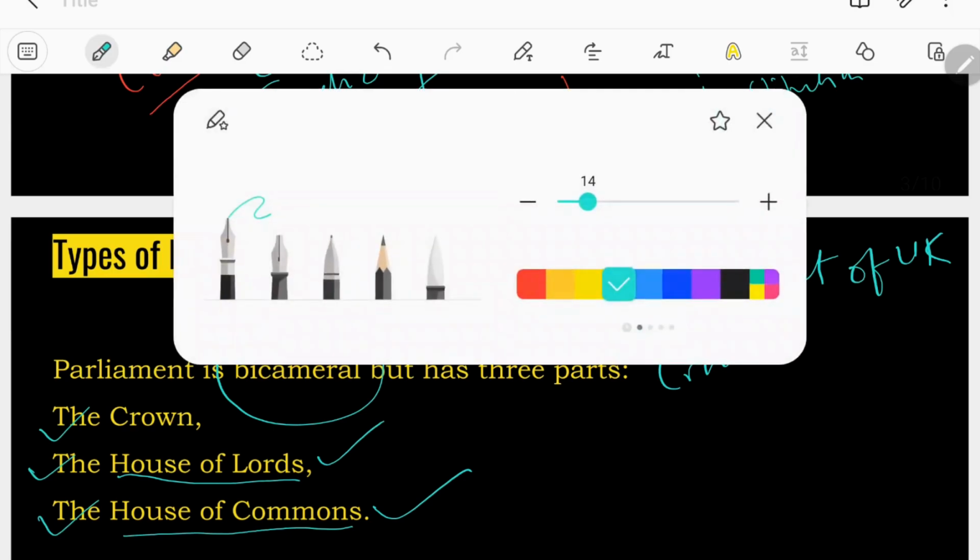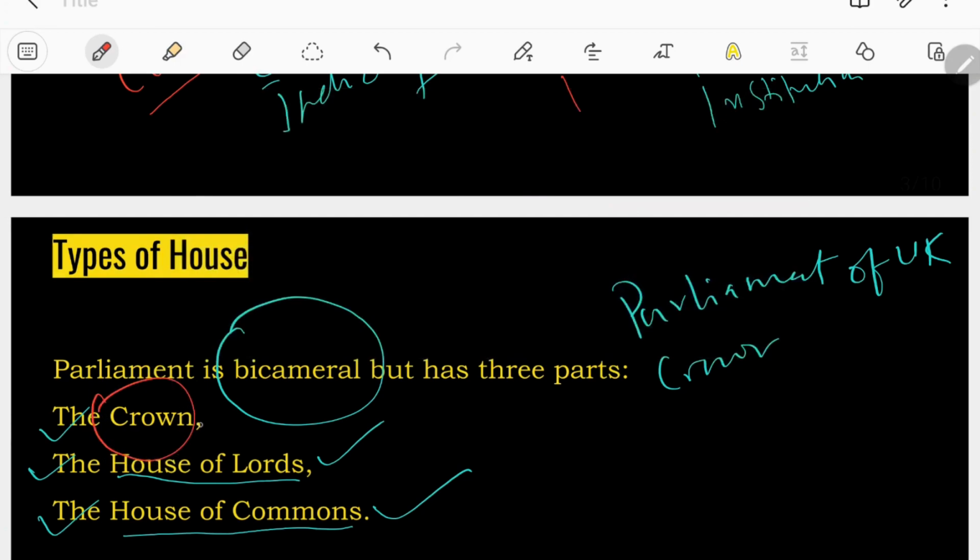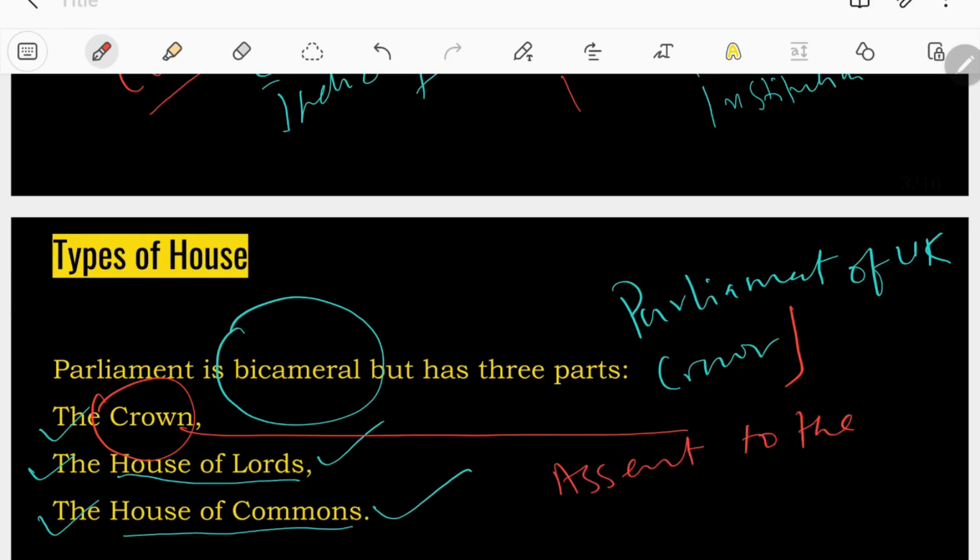So the Crown has also become a part of this Parliament, because the Crown gives the assent to the bill which has been passed by the House of Lords and the House of Commons.